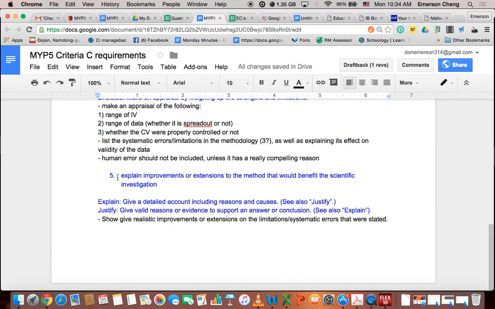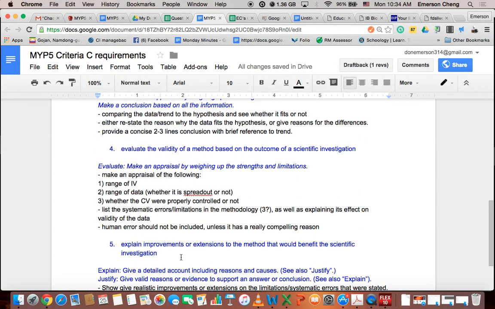Now, the last bit: explain an improvement or extension to the method that can benefit the scientific investigation. Realistic improvements or extensions, so you need to say them. In this section, I want you to give me individual paragraphs.